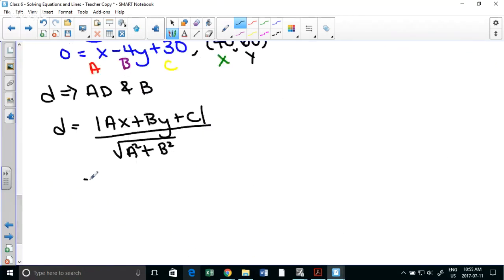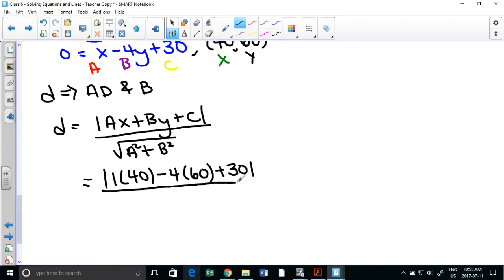So now I plug in all my values. A is 1, X is 40, B is -4, Y is 60, C is 30, divided by 1 squared plus negative 4, all squared.